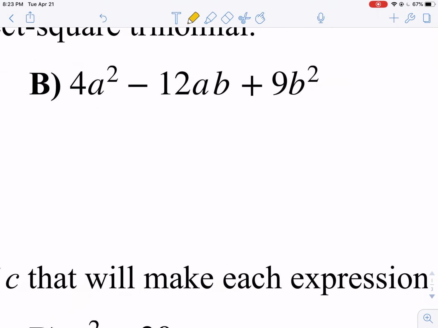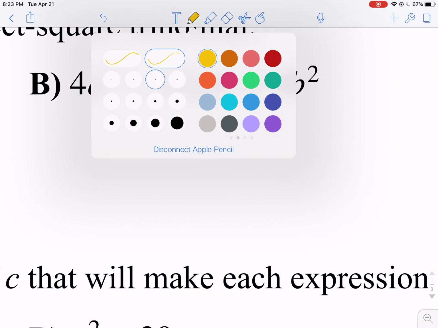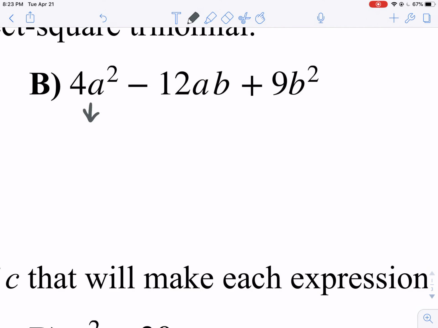We've got another more complicated one. Let's see if this one is a perfect square trinomial. The square root of 4a squared is 2a. The square root of 9b squared is 3b. Now in the middle, is this equal to 2 times 2a times 3b?